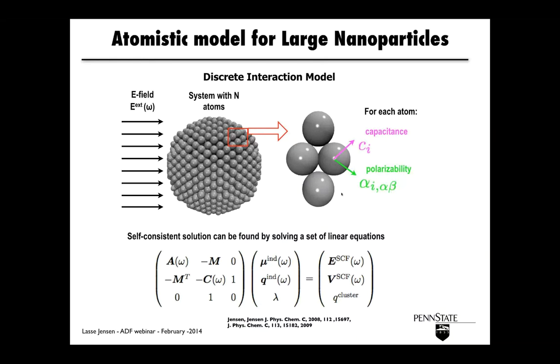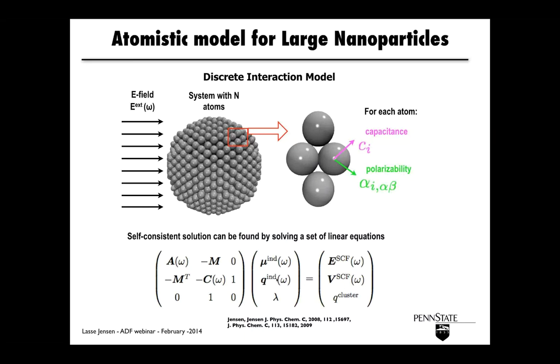If you put in an oscillating electric field, the polarizability will induce a dipole, and the capacitance will induce charges, and all these fluctuating dipoles and fluctuating charges will interact together. The way you solve this set of equations is to write it as DIM equations, where you set up a general response matrix based on the electric fields and potentials, and you generate these induced dipoles and induced charges.